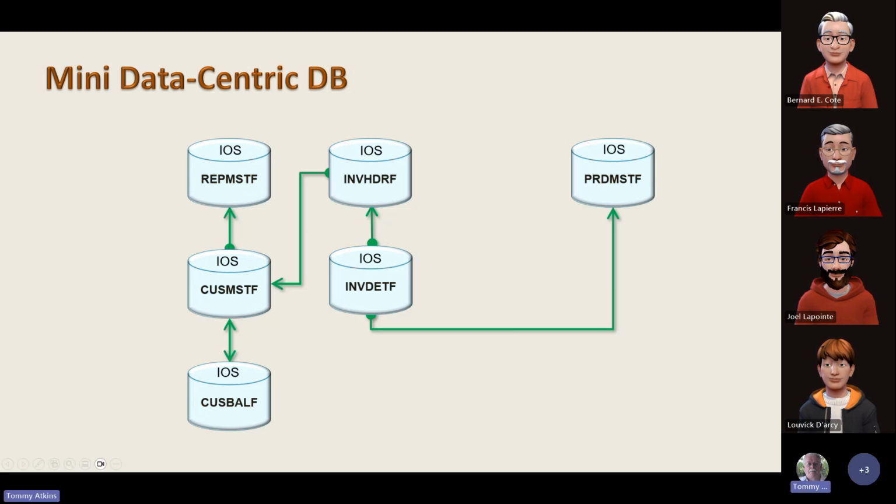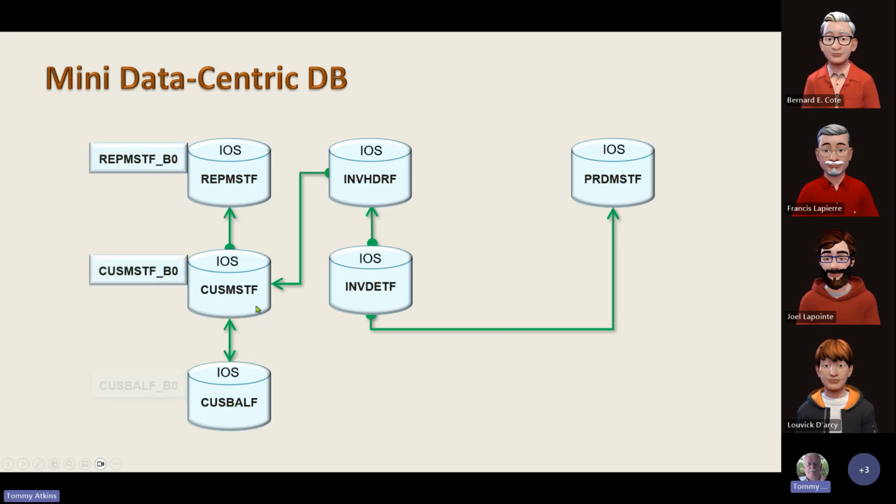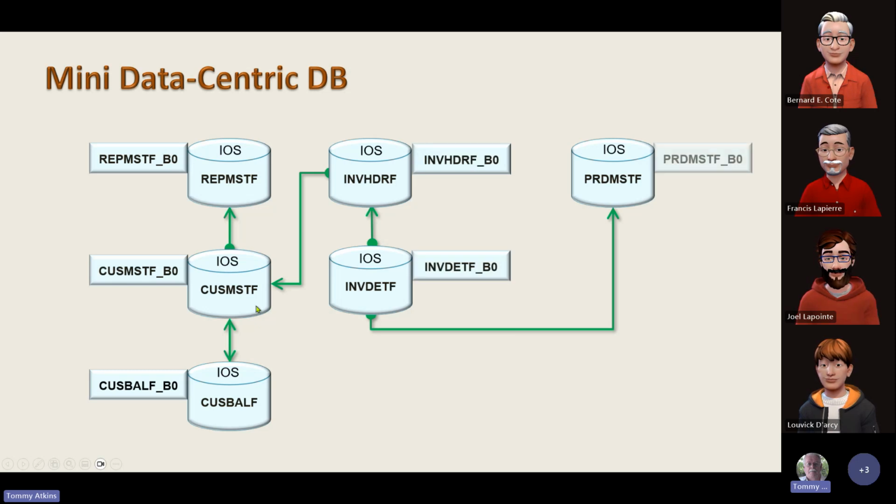Now, what do we do next to make this? This is the first layer of heavy lifting for the database. The second layer is a before trigger for every single record in the database, because every single record in the database must have a before trigger for one or more reasons.